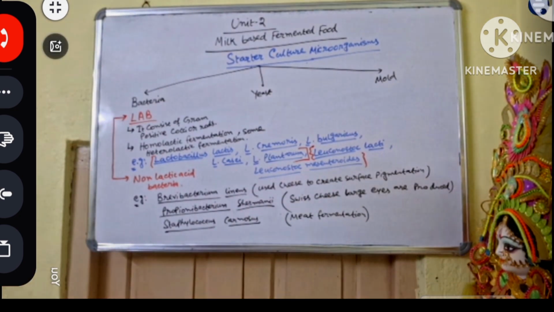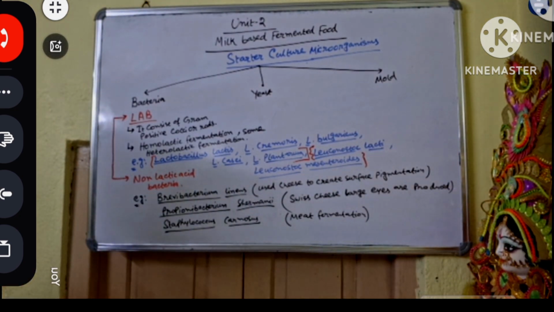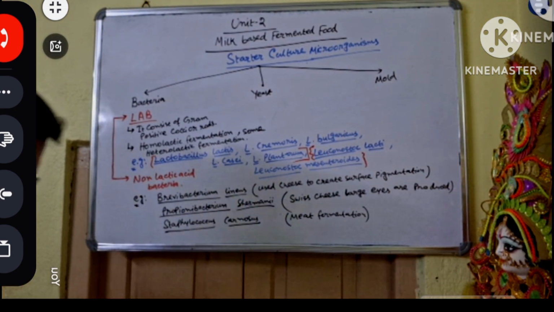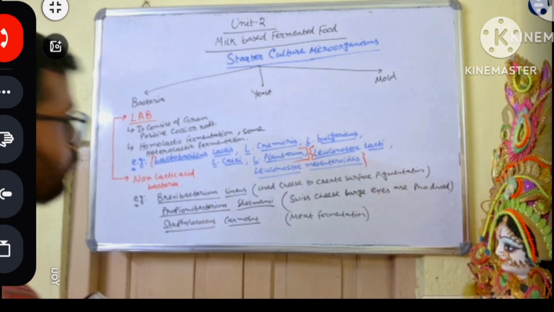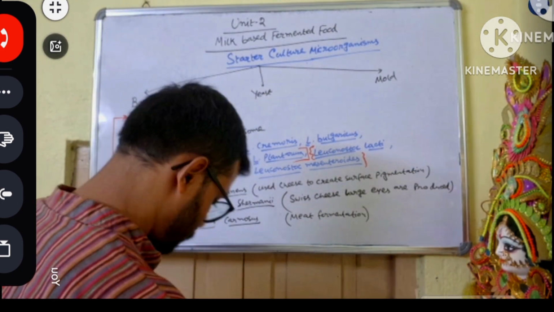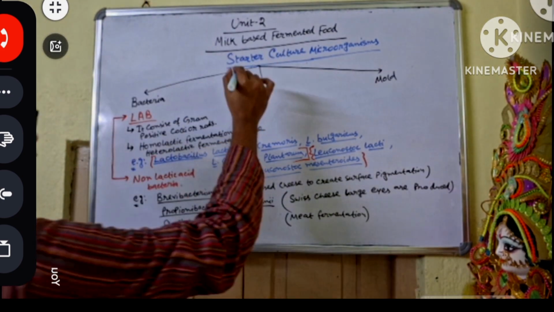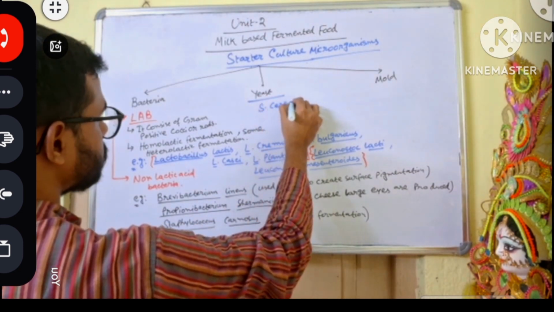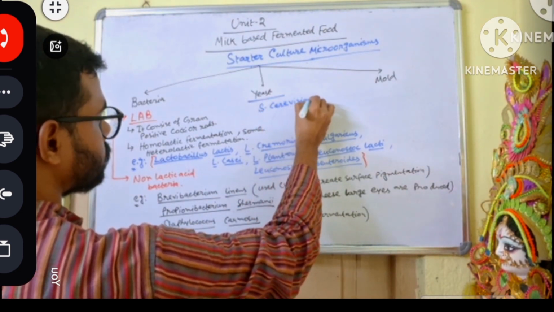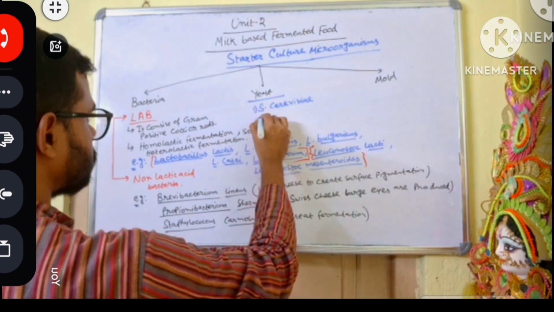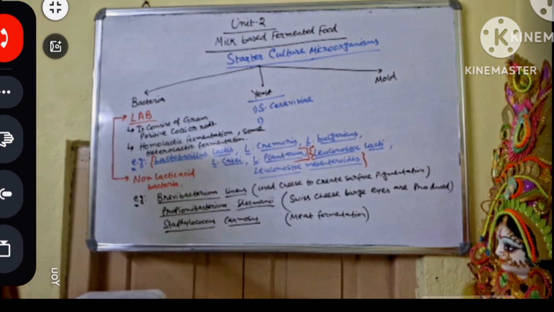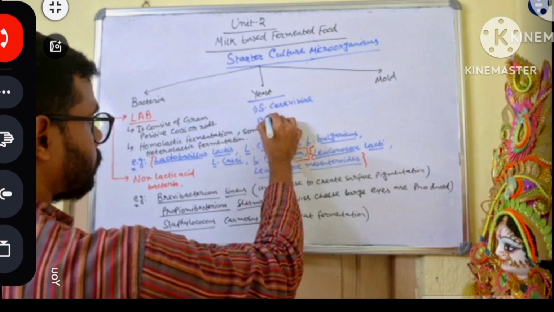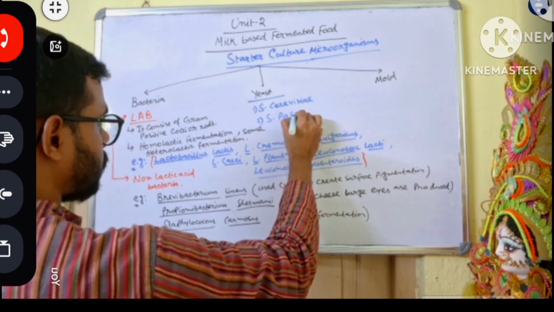Yeast is another potential microbe for starter culture. Saccharomyces cerevisiae, one of the favorite base yeasts, and Saccharomyces pastorianus.